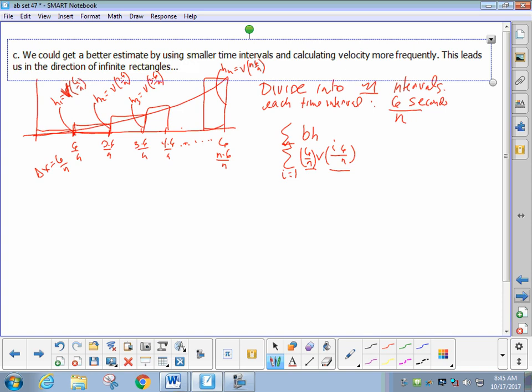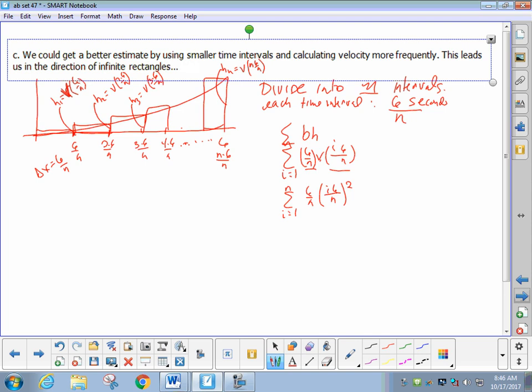Now, if I go a little more precise, the velocity in this case was t squared, or the function squared. Whatever I'm putting into the velocity is that, so it's 6 over n, in quantity, squared.